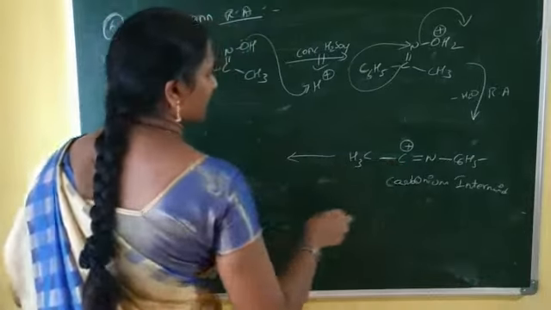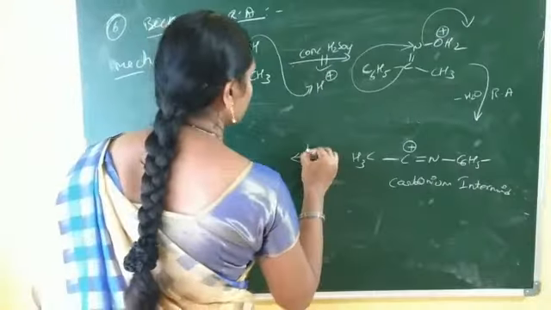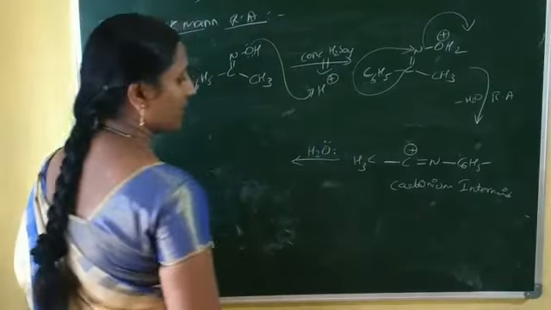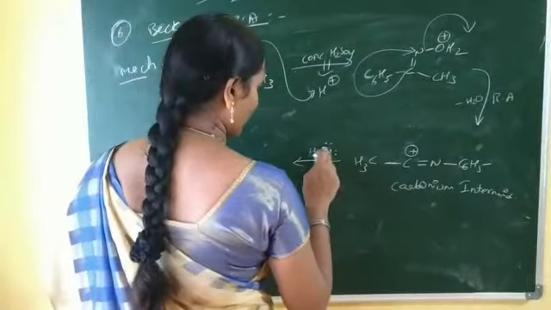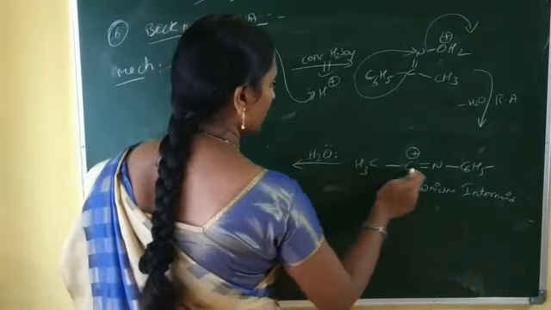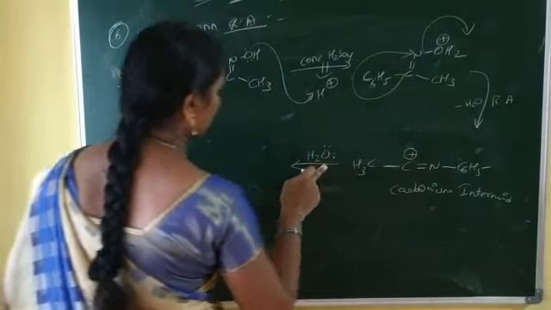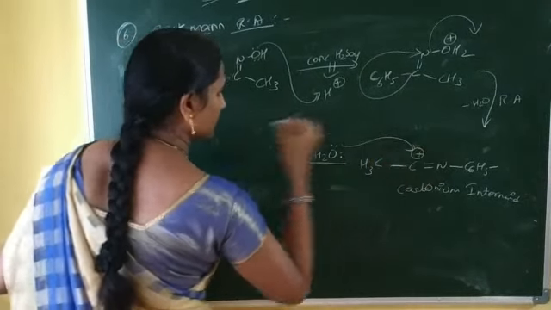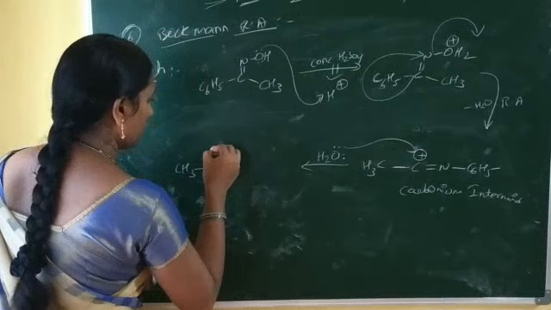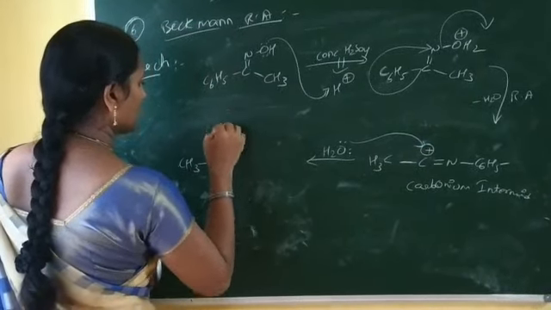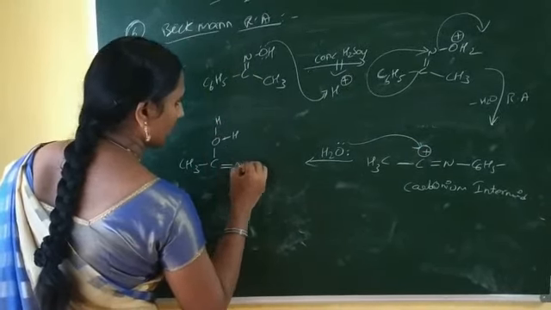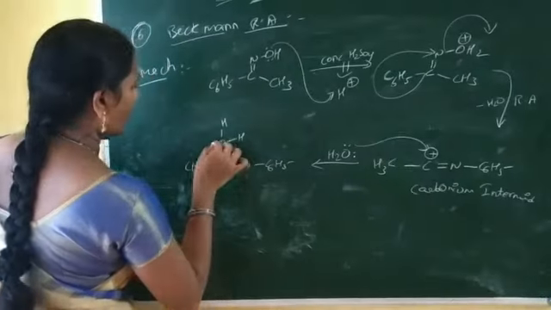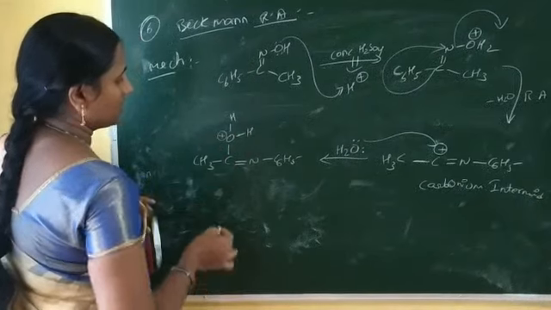Now this compound is treated with a water molecule. Now oxygen has two lone pairs of electrons. One lone pair is indicating negative charge. Now carbon is bonding with oxygen to form CH3, C bonded with O, H and H, double bond N and C6H5, and oxygen has a positive charge.